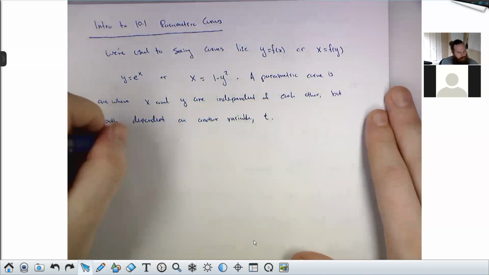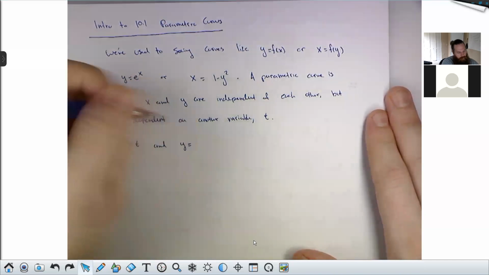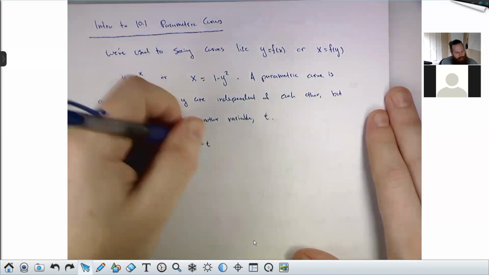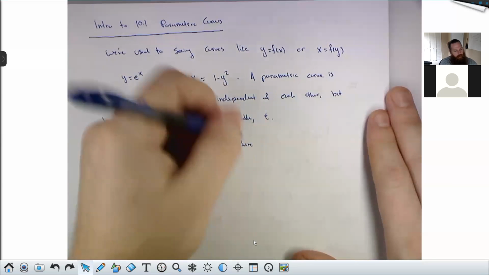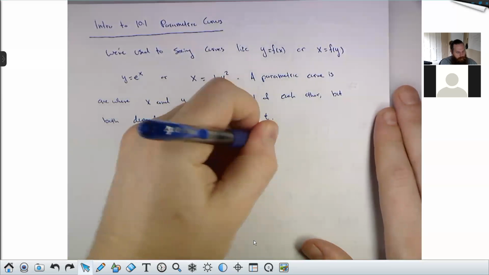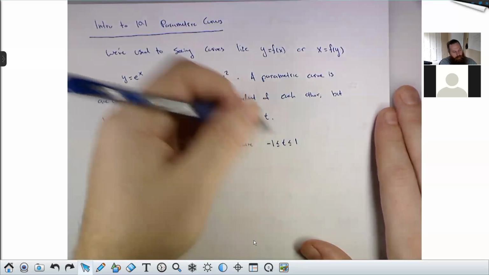So like x equals t and y equals 1 minus t. And maybe I specify a domain for t: -1 is less than or equal to t is less than or equal to 1.